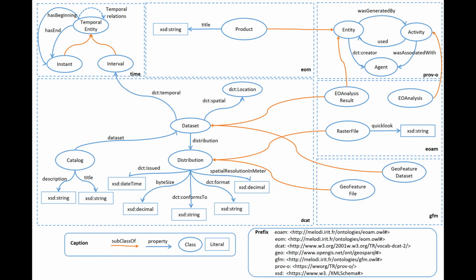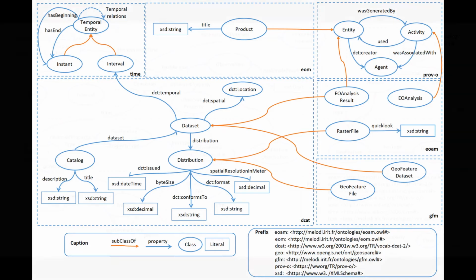The EO analysis class represents an analysis activity that takes as input one or several Sentinel images (EOM product), and is carried out by one of the project partners, associated with an agent. The activity generates a dataset whose distribution is a raster file.